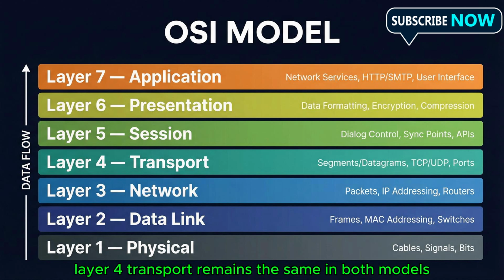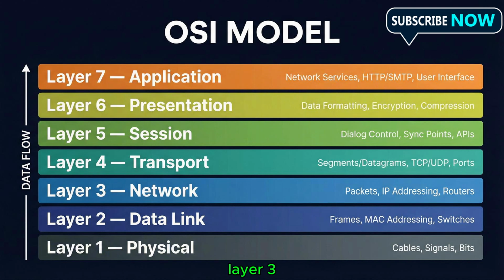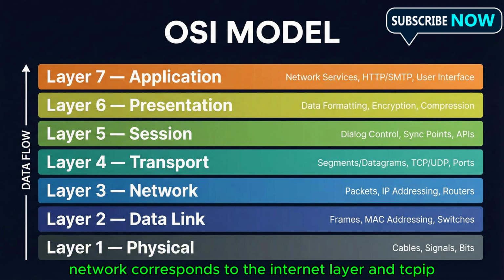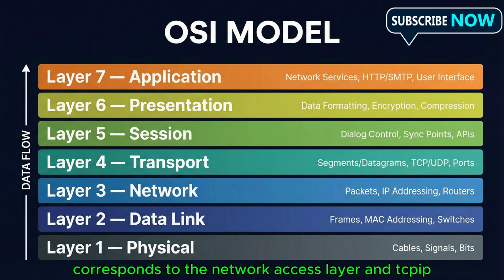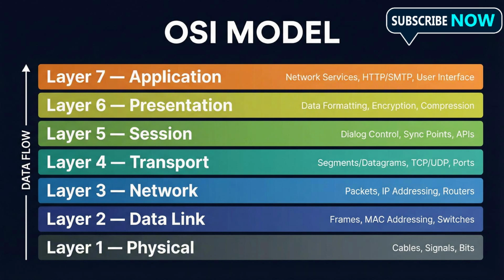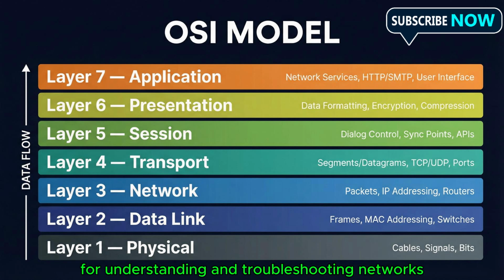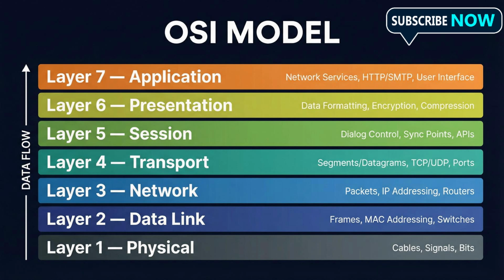Layer 4 transport remains the same in both models. Layer 3 network corresponds to the internet layer in TCP/IP. Layers 1 and 2, physical and data link, correspond to the network access layer in TCP/IP. The OSI model is a theoretical framework, a conceptual tool for understanding and troubleshooting networks.